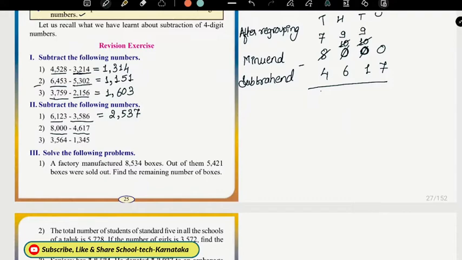We have 9, and here we have 10. So 10 minus 7 is 3, and 9 minus 1 is 8. 9 minus 6 is 3, and 7 minus 4 is 3. So our answer is 3,383.